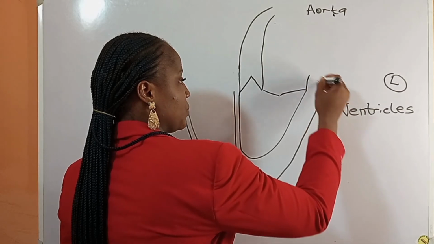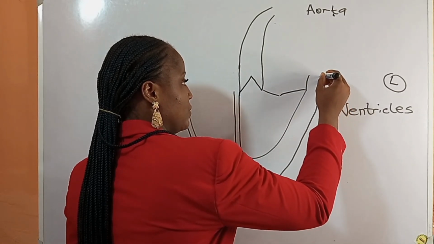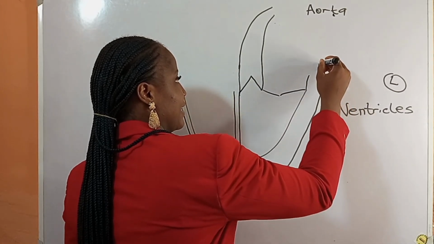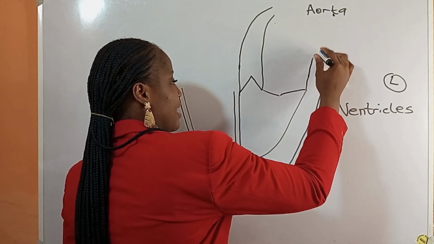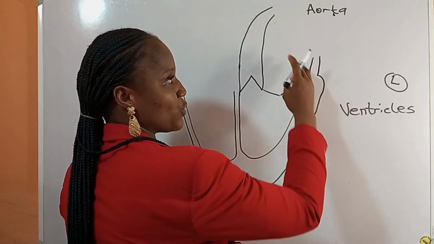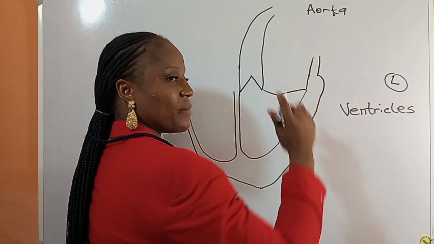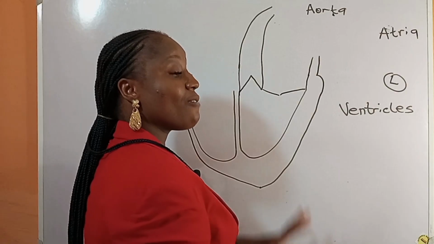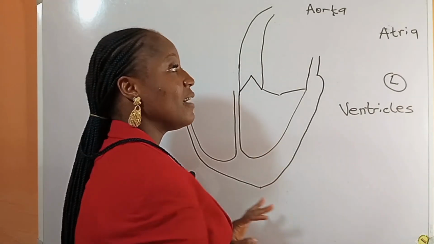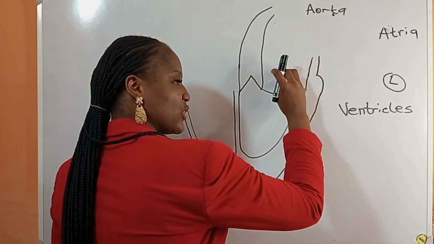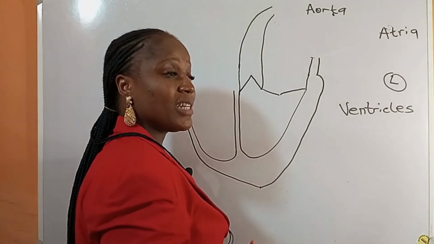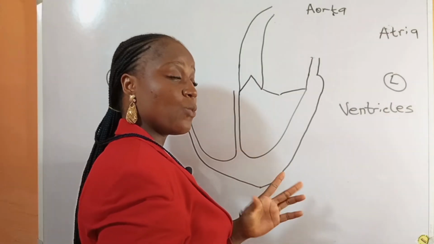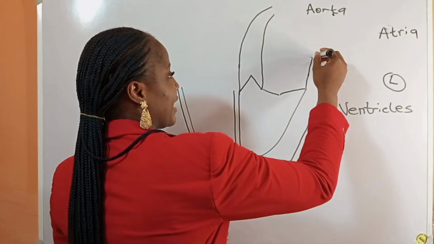So we go like this and, as you can see, we are beginning to form another top chamber of the heart, which is known as the atria. There are four large veins that drain into the left atrium, but we usually indicate only two when we are drawing.